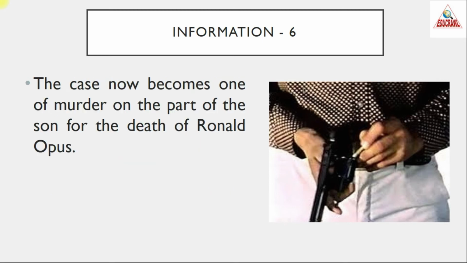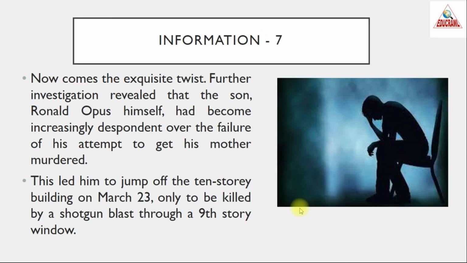Because of that, Ronald Opus has died. Now the case becomes one of murder on the part of the son for the death of Ronald Opus. Now information number 7. Further investigations reveal that the son of the old man and woman is Ronald Opus himself. Ronald Opus was increasingly despondent over the failure of his attempt to get his mother murdered.